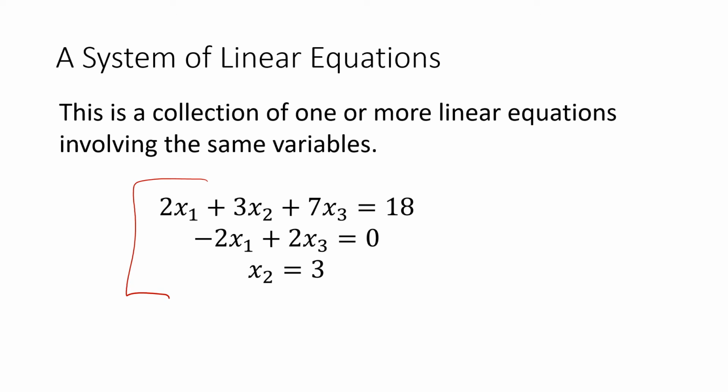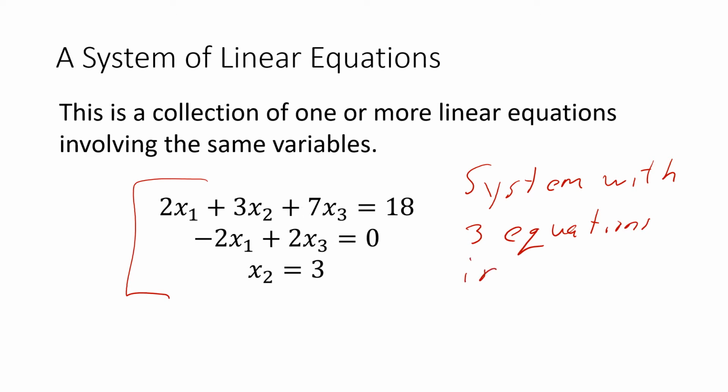In this case, we say that this is a system of linear equations with three equations in three variables. We have three variables, three equations. Okay? That is a system of linear equations because the variables repeat throughout. Again, not every variable has to appear in every equation, but it's the same variables in the equations.